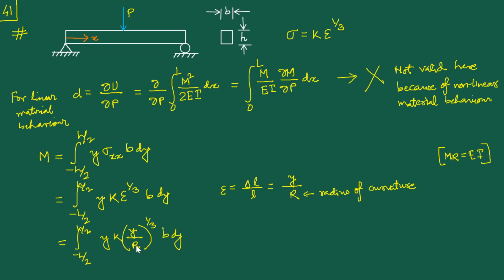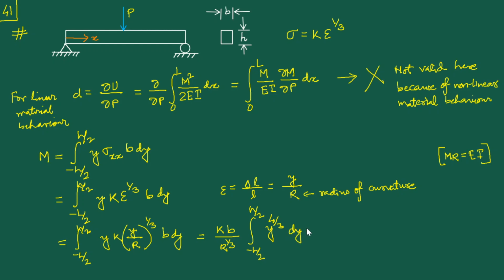So there is no chance of R varying over y, which is what this integration is with respect to. So we can take this k out, this b out, this R to the power 1/3 out, and what we are left with inside is the integration from minus h/2 to h/2 of y. So this 1/3 and this 1 together give me a 4/3.